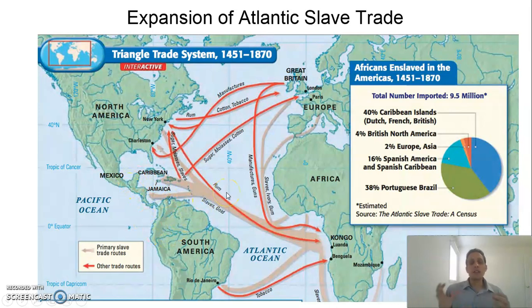As their population dwindles mostly due to disease, but also to overwork, they're going to turn to importing African slaves into the New World. Vast amounts are going to go into the Caribbean to work in the sugarcane plantations of the Caribbean islands, and also vast amounts are going to go into South America, working in the cash crop plantations of South America and Central America as well.